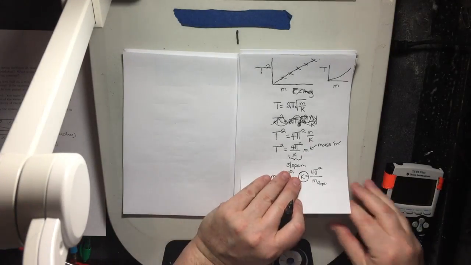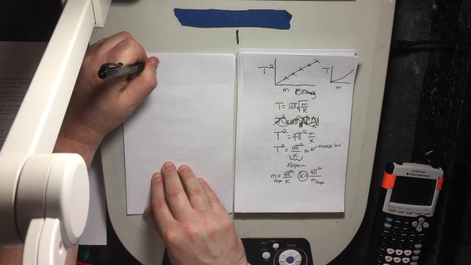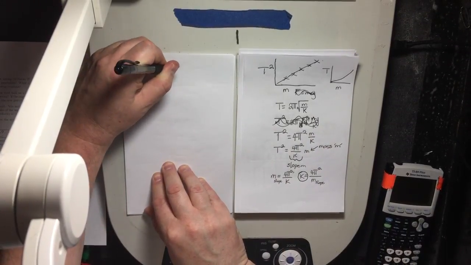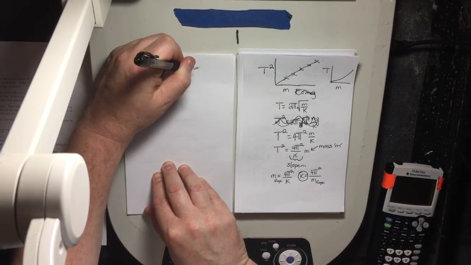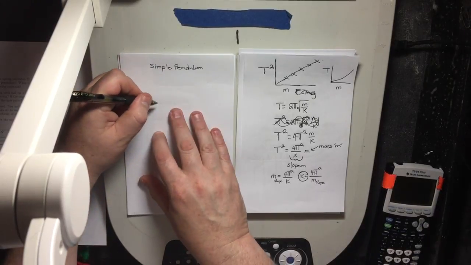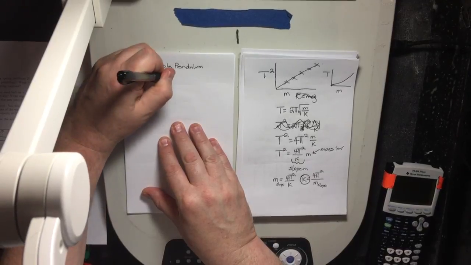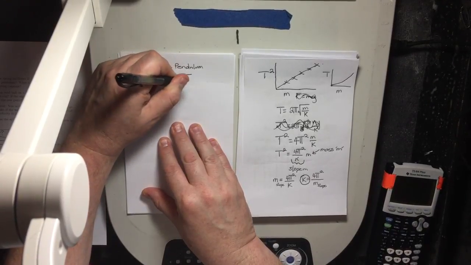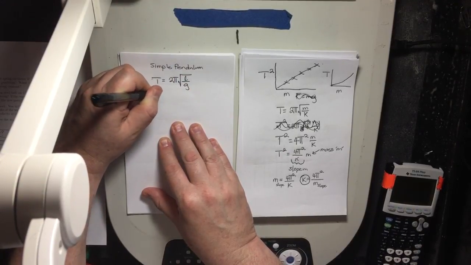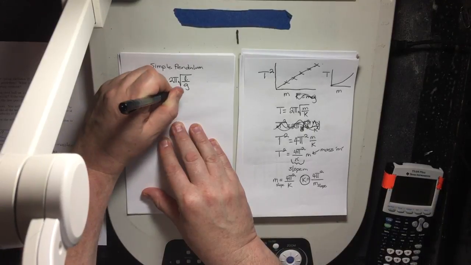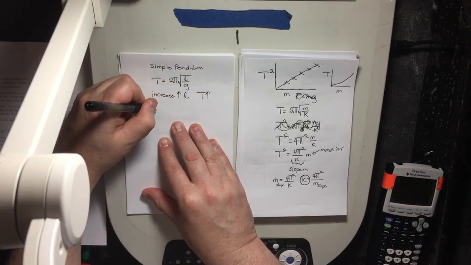Now for the other one, for the simple pendulum, what you're going to do is, let's write it out, T. If I increase L, period increases.